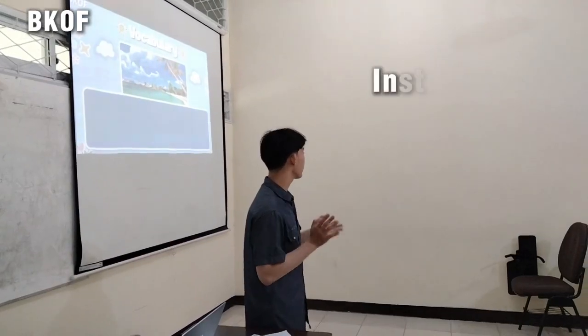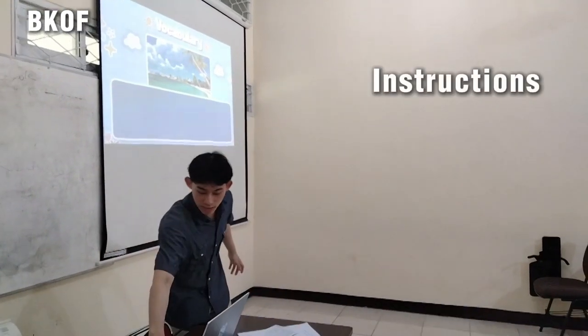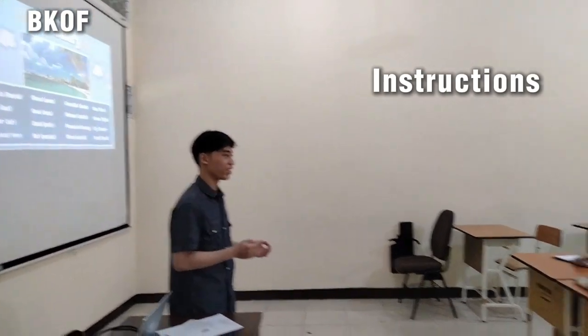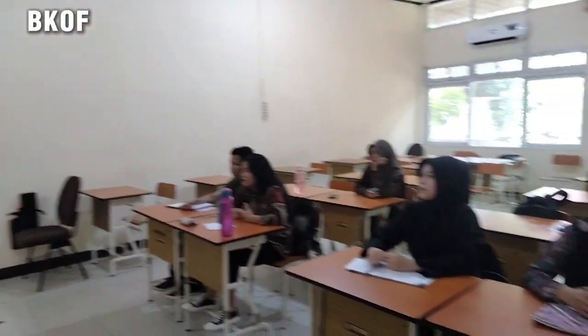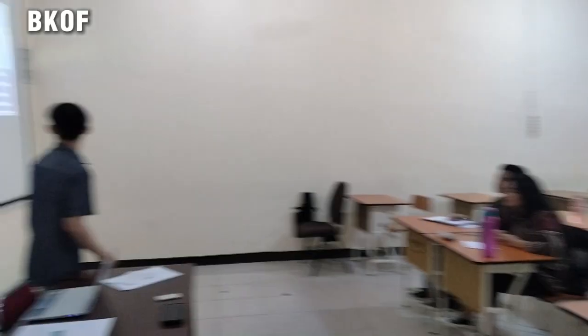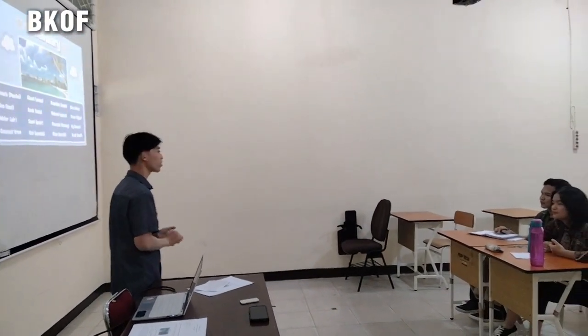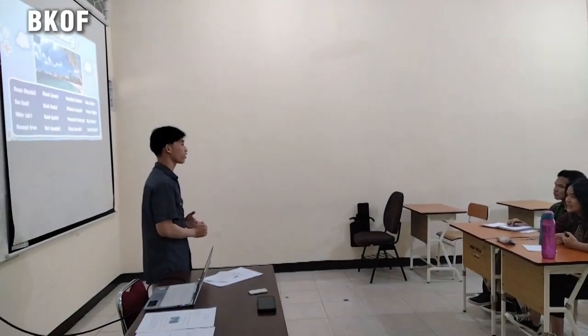Next, let's look at some vocabulary on the slide. You have to listen and repeat after me. Do you understand? Yes. First, beach. Sea. Water. Coconut tree. Next, cloud.